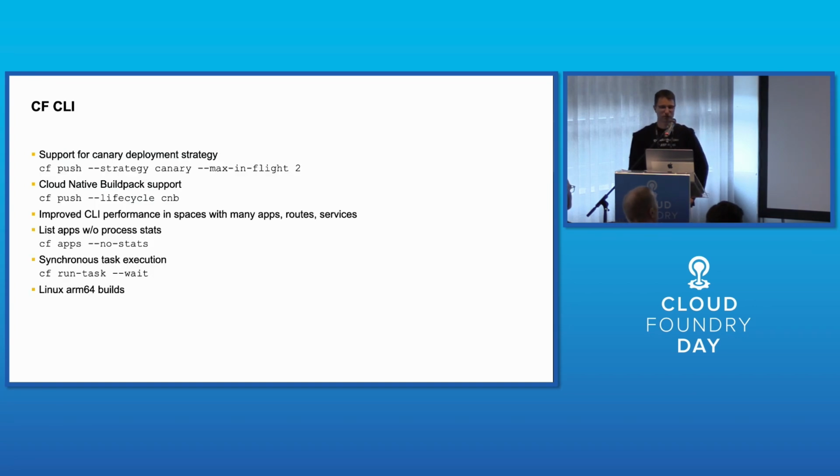CF-CLI, of course, the new features that have been mentioned need also support in the CF-CLI, so there are additional commands. Cloud Native Buildpacks, small disclaimer, it's just on main, not yet in V8, we heard that. We improved the CLI performance drastically in spaces with many apps, routes, and services. Think of 1,000 and more, where it was very slow.